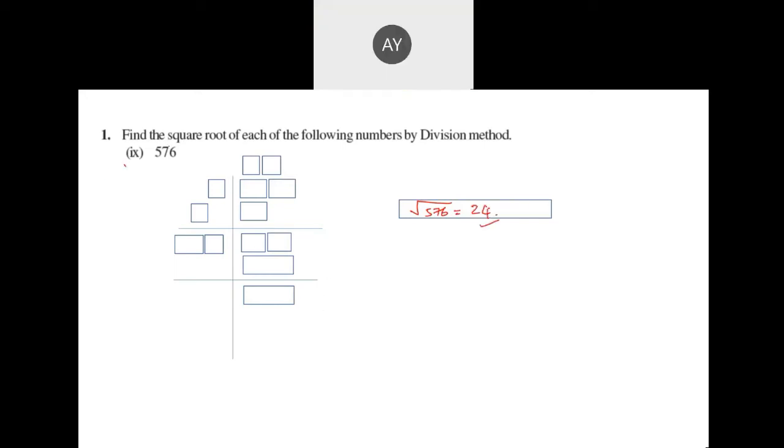Sir, what is the method to solve it? 5 and 76 are the groups, because from the left side. Sir, we can't take 57 and 6. No, you cannot group it as 57 and 6. Take it from right to left. Start from the units place.